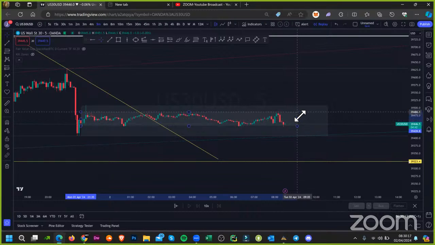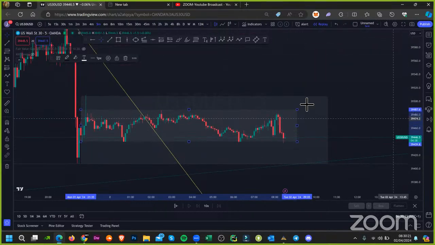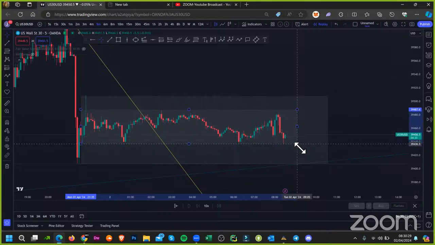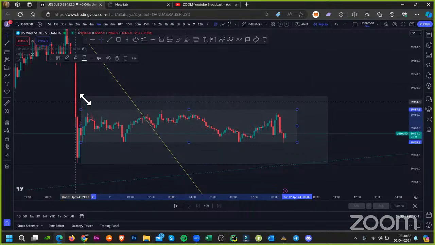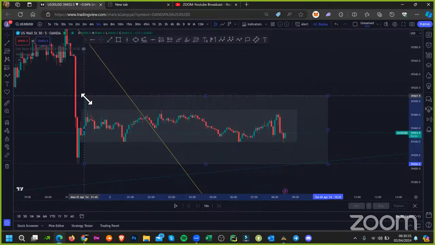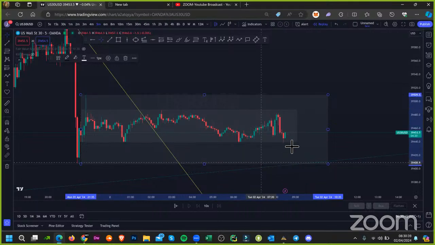Now, if I wanted to be safe, not sorry, I'd be waiting for a break outside of my bigger box. Let me say that again. If I wanted to be safe and not sorry, I'm waiting for indication, correction, continuation outside of my bigger gray box. If I wanted to be fast and eager, I might be able to get in slightly earlier outside of this internal box here, but I just don't like this wick, it's annoying.